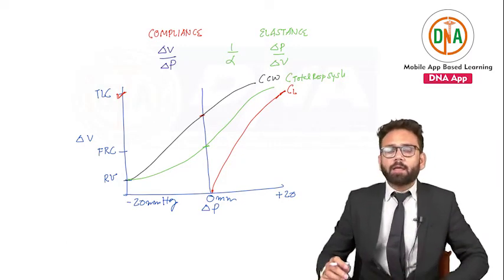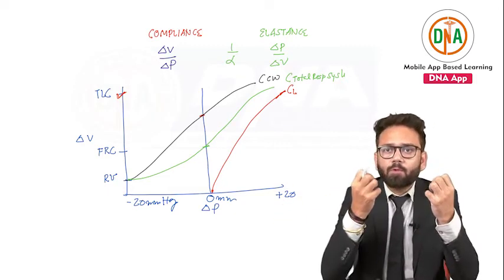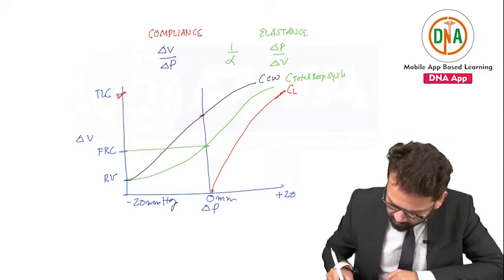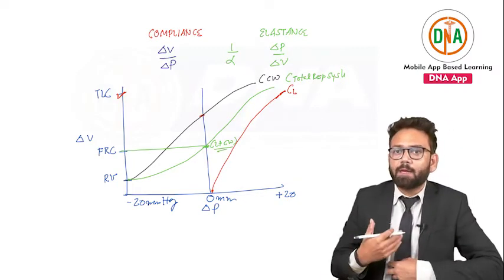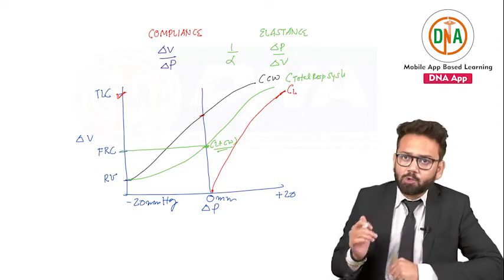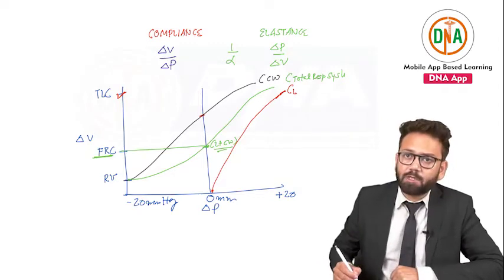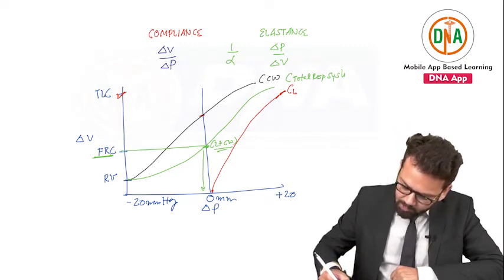So again, if we put lung and thorax separately, the lung will collapse and the thorax will expand. This is normal functional residual capacity when the lung is along with the chest wall in living condition. If we put the lung separately, it will decrease to 0.